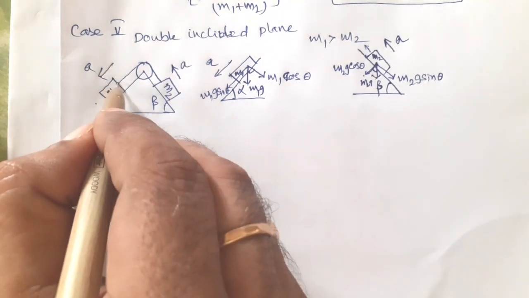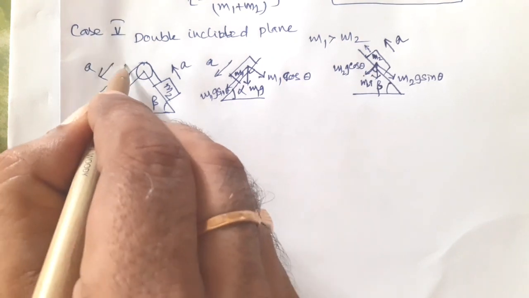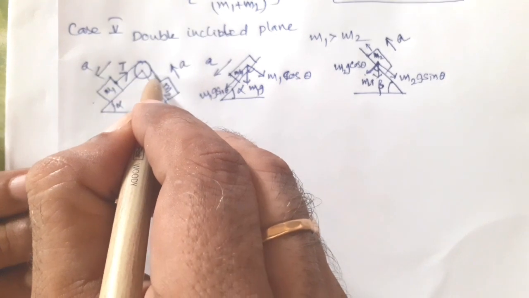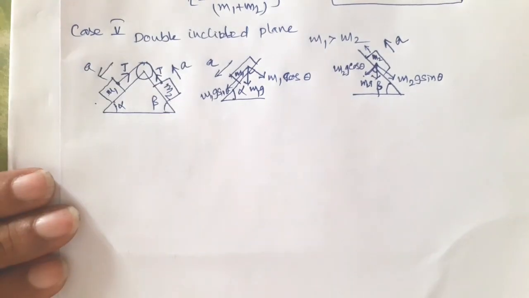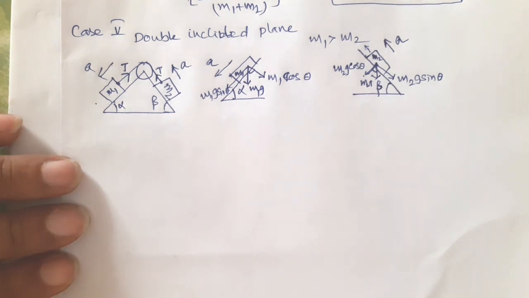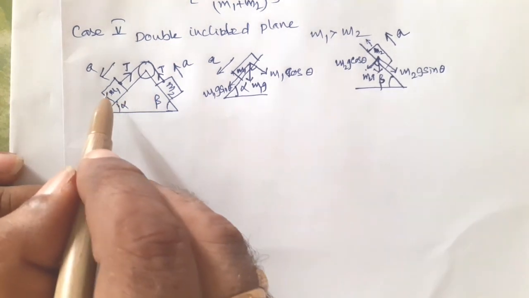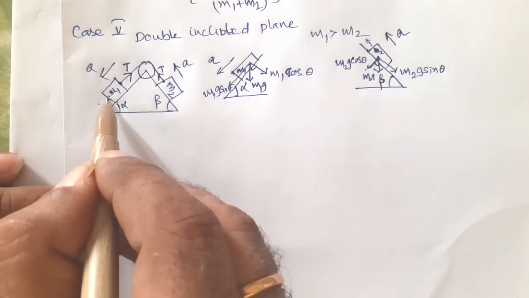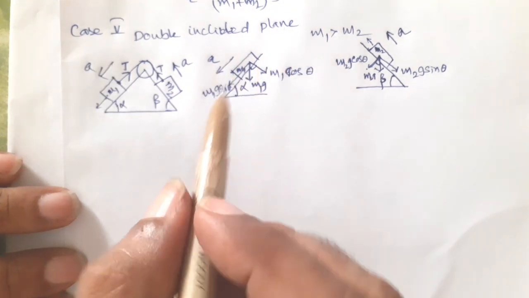Now this is the point of contact. Therefore, for this part of the string, tension is in this direction, and for this part, it is in this direction. This is the point of contact. Now, to simplify, I am writing the equations. For this mass, it is moving in the downward direction because m1 is greater than m2.